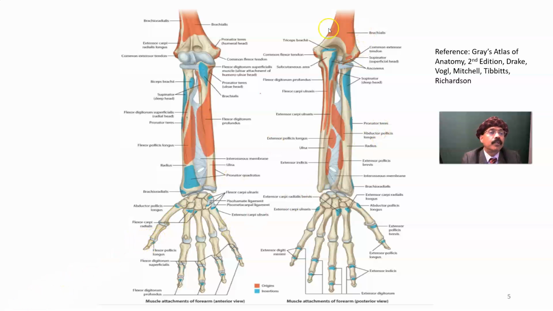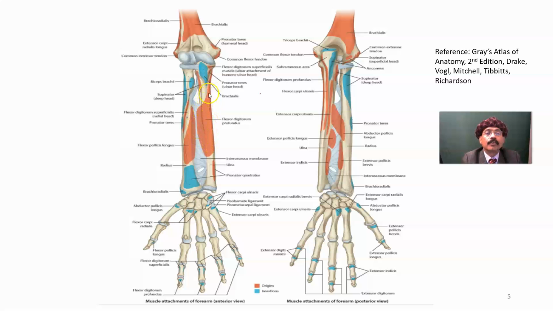So we have some insertions: triceps, anconeus, and the insertion of the brachialis. We have the other muscle origins, like that of the tubercle, flexor digitorum superficialis, and the pronator teres. And this is the flexor digitorum profundus, with extensive origin from multiple bones and also from the interosseous membrane.